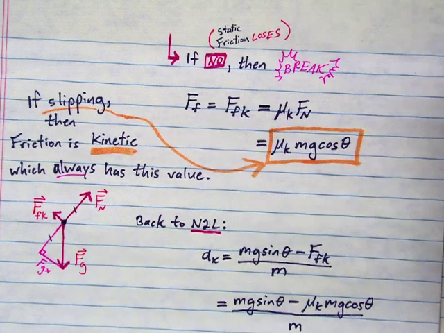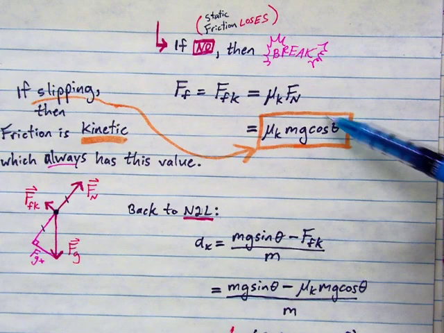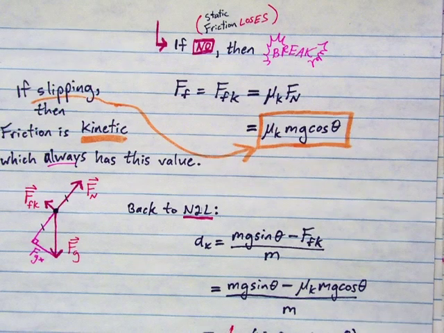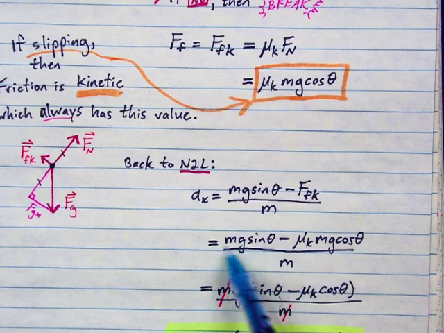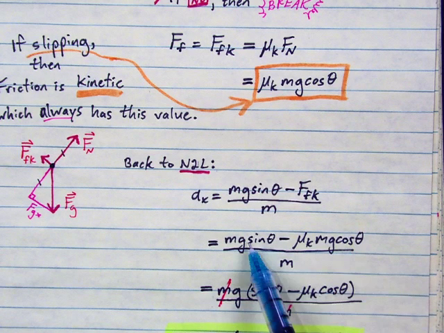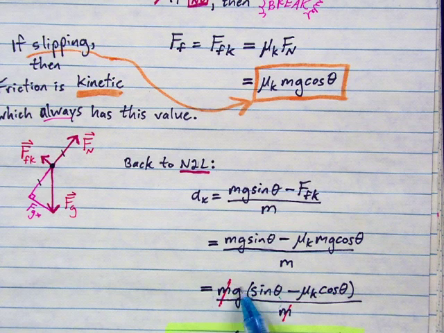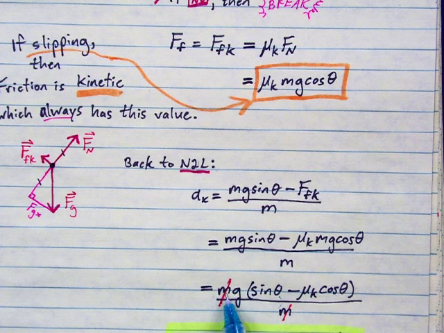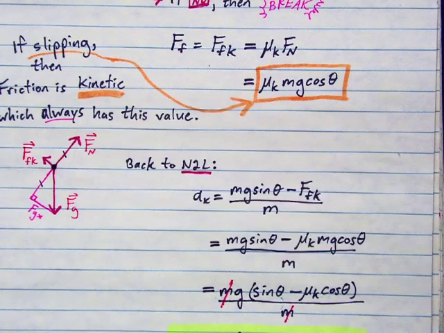And going back to Newton's second law, we can sub in for our force of friction FFK, this expression, put in that mu k mg cos theta for our force of friction. And looking here, I have an mg on this term in the numerator and an mg on that term, so I can factor out an mg from both terms in the numerator. Since I've factored out an m, there's an m in the denominator, those m's can cancel because I was able to factor them out first.